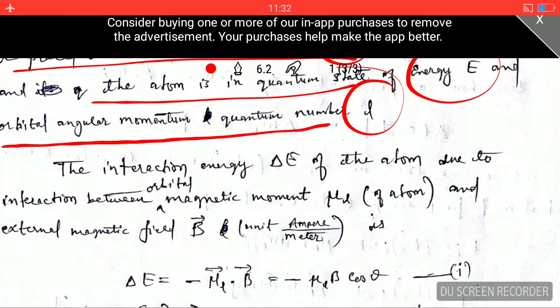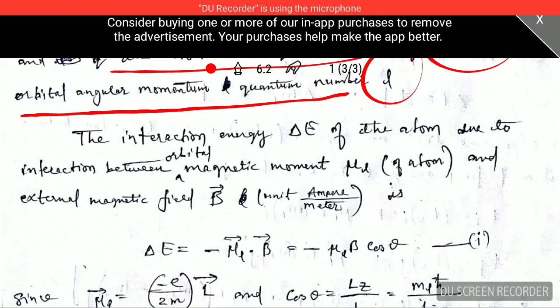Now you all know that if a magnet is placed in an external magnetic field, then there is some interaction between that magnet and the external magnetic field.